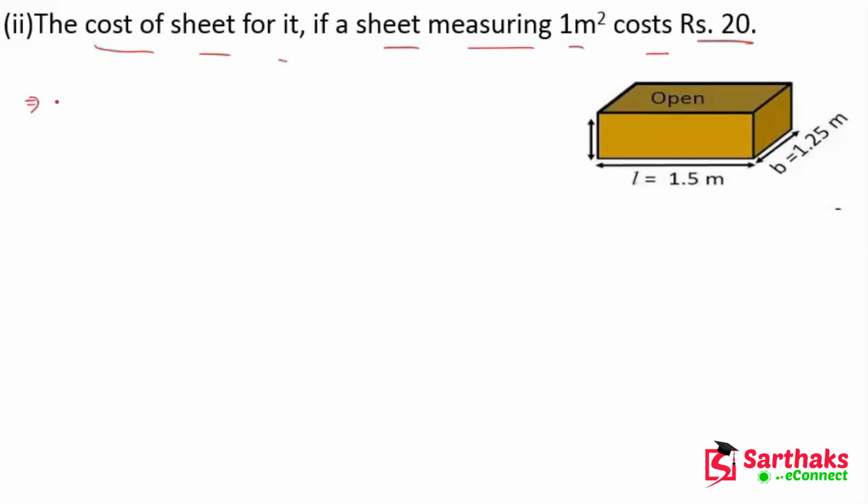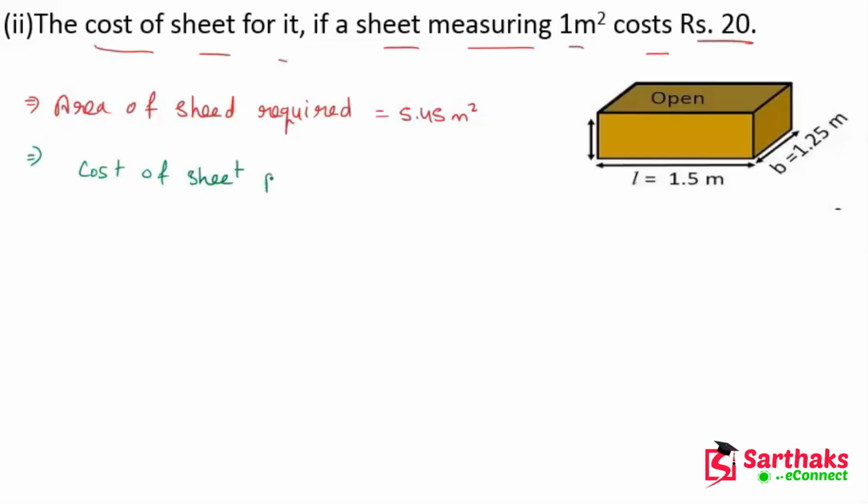We know that the area of sheet required is 5.45 meter square, and the given cost of sheet per 1 meter square area is rupees 20, so we need the cost of sheet of 5.45 meter square area.